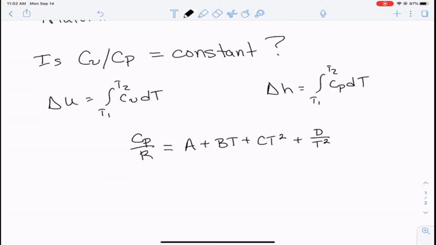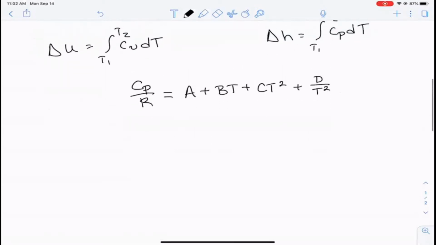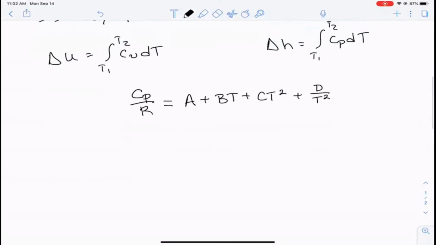So now in our class, if we're going to take the temperature change into consideration, if it's not a simple gas, and we want to calculate delta H in a unit that we actually care about, we're going to solve this as the integral from T1 to T2 of Cp over R, which is a function of temperature, times R dT. And of course, these two R's will cancel, and that still just becomes the integral of Cp dT.